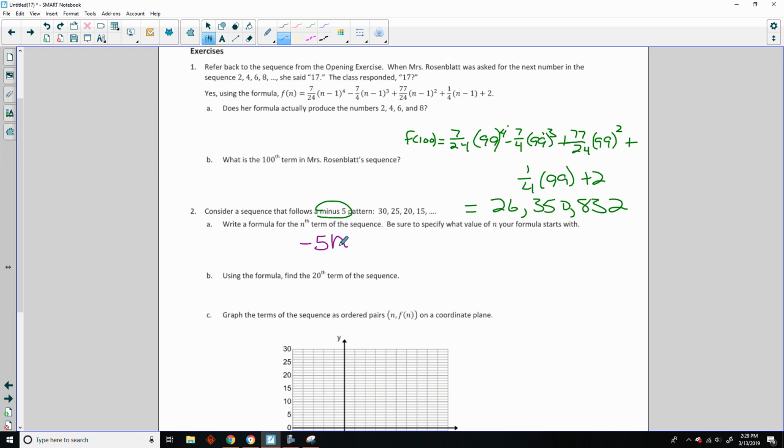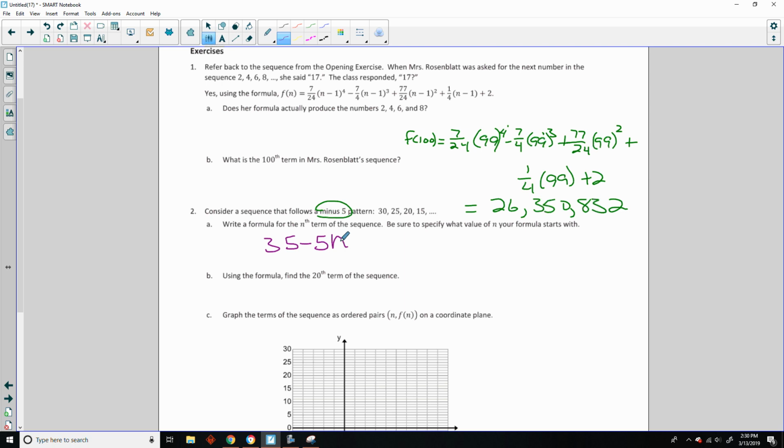So with n equals 1, 5 times 1 is 5. What do I subtract 5 from to get 30? And the answer is 35. So 35 minus 5n, 35 minus 5 times 1 is 30. 35 minus 5 times 2, 5 times 2 is 10, 35 minus 10 is 25.